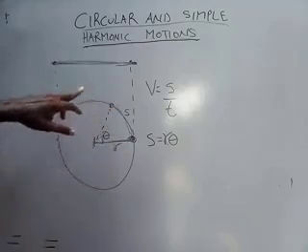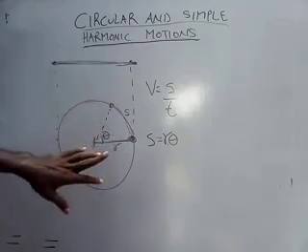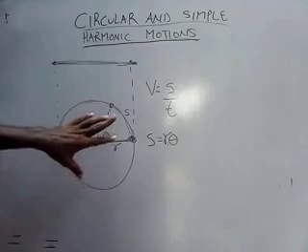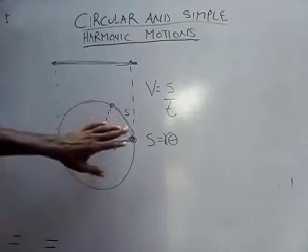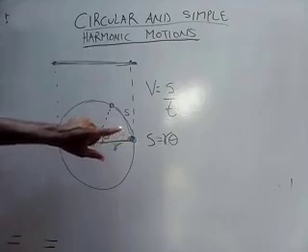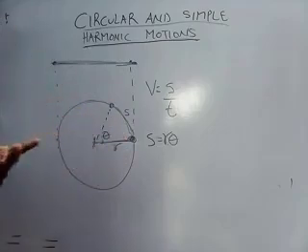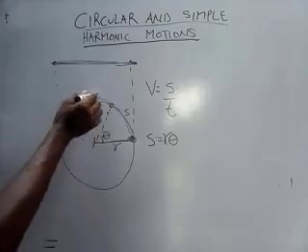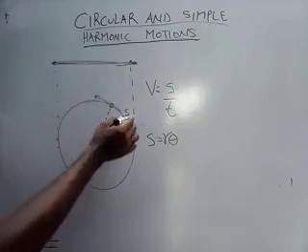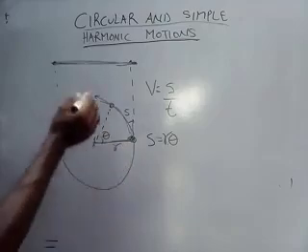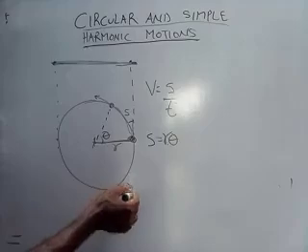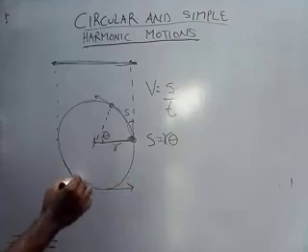Now, take note. This body is moving around at constant speed, but our velocity changes. Why does the velocity change? As a result of the change in direction. At this point, this is the direction; at this point, this is the direction; at this point, if it's moving this way, this is the direction.